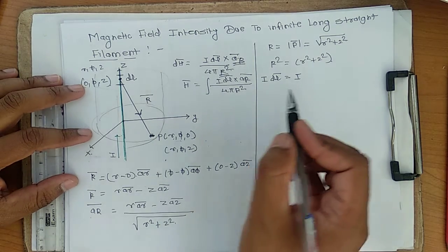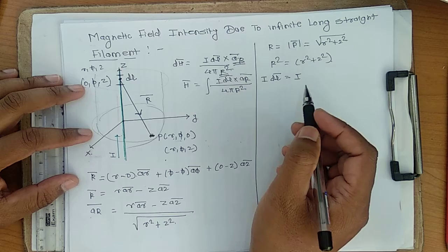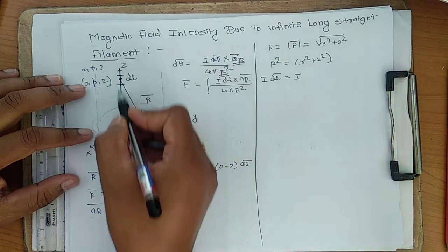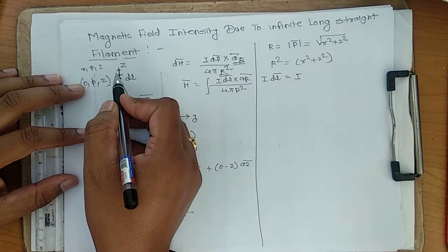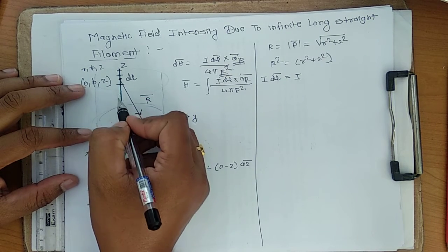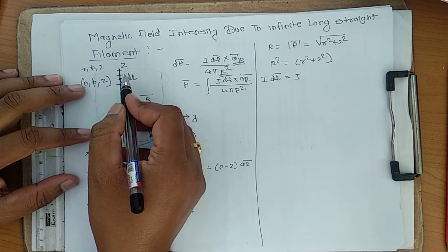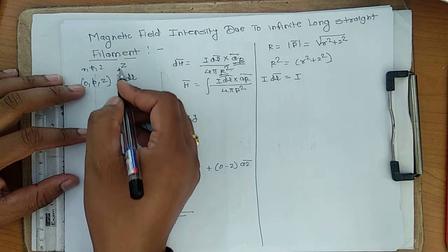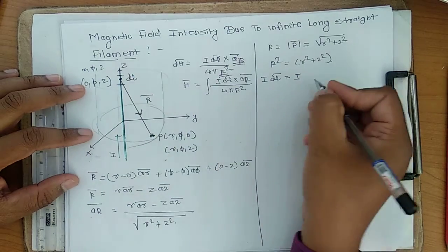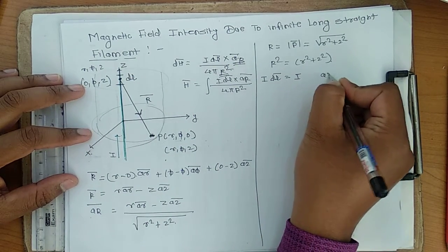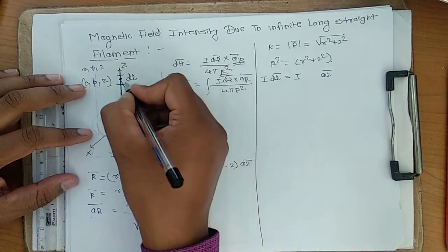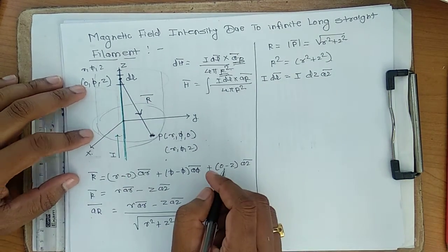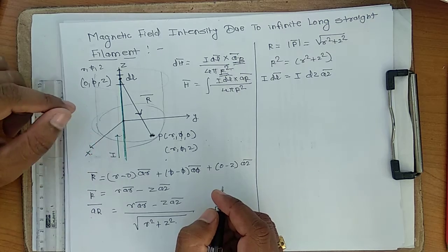So your dl bar should be in the form of a r bar, a phi bar or a z bar. This current is along the straight line filament, so which unit vector direction is it moving in? That is a z bar. And how much distance is it covering? dl means dz. So I dz a z bar, that is I dl bar.